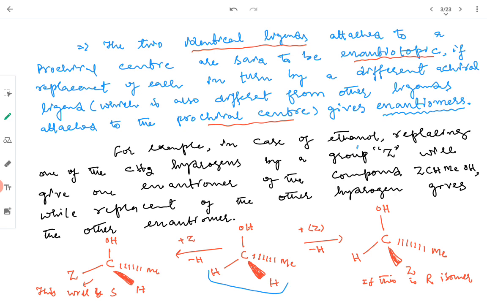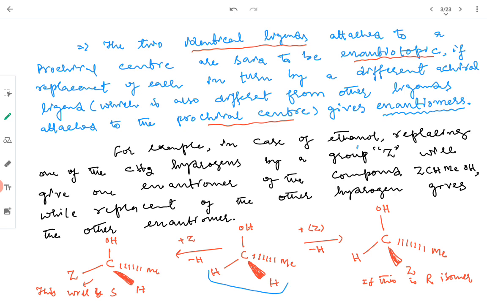So what are enantiotopic ligands or enantiotopic groups? The two identical ligands which are attached to a prochiral center.